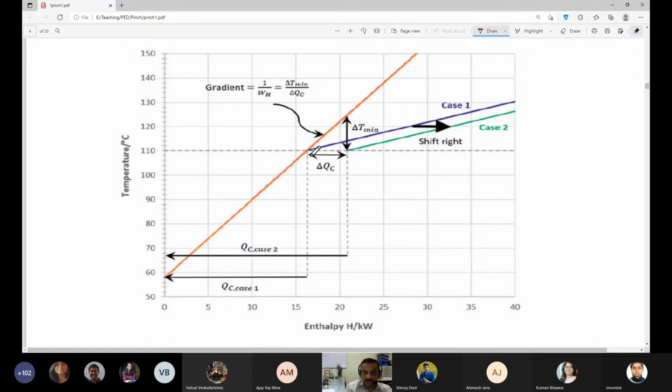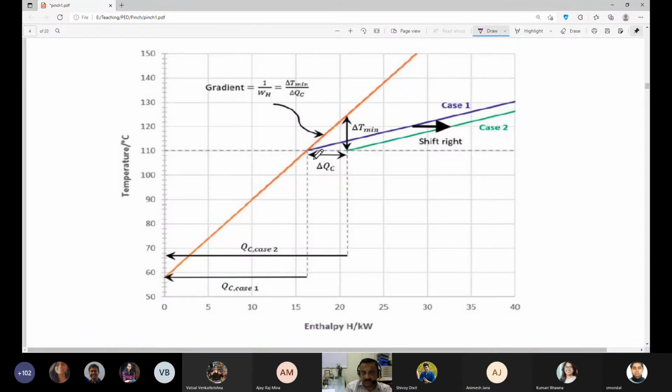Case 1 is the theoretical case where delta T has been set to 0. Now if you shift by delta QC amount, then you have maintained a delta T min. This becomes the delta T min, because all other delta T's that you are maintaining are greater than this delta T. So this is the lowest delta T you have, which is why I am referring to it as delta T min.